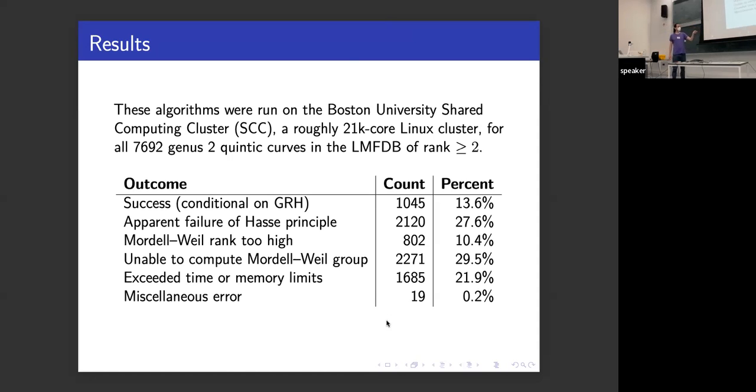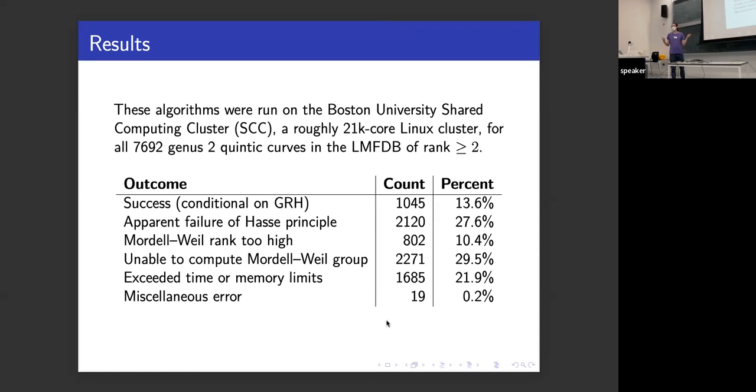About 27.6% of the time, we run into this issue where one of the twists seems to have no rational points, but we can't prove it because we don't yet have an implementation of the Mordell-Weil sieve in this version. About 10.4% of the time, the Mordell-Weil rank is too high.